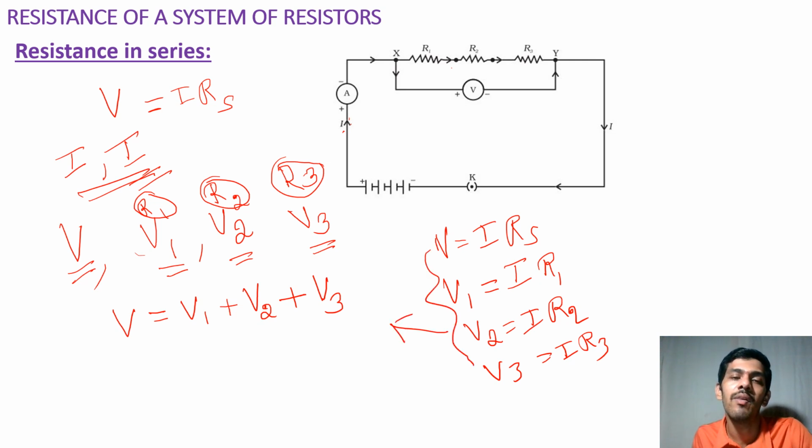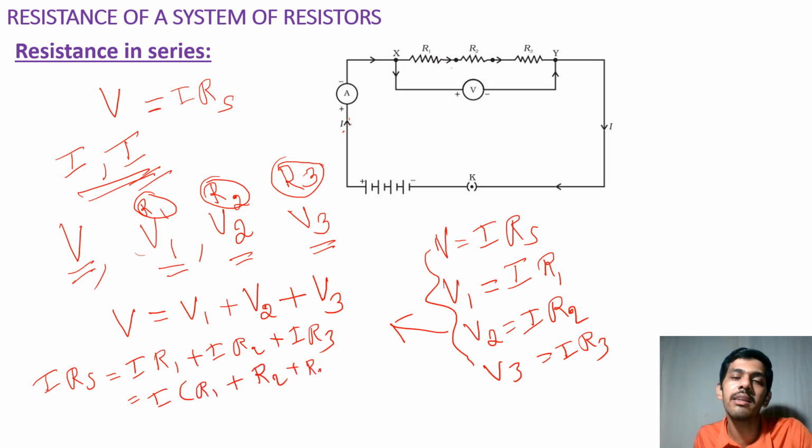At that time whatever I get for V, that is I into Rs, is equal to I into R1 plus I into R2 plus I into R3. I is common here, so I can take I outside: I into (R1 plus R2 plus R3), which is equal to I Rs.